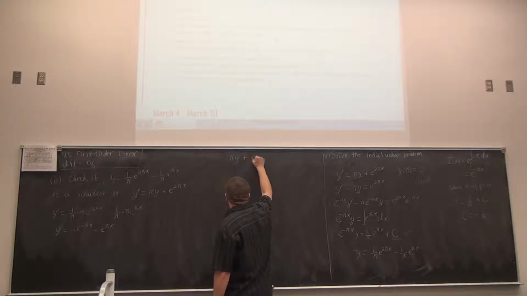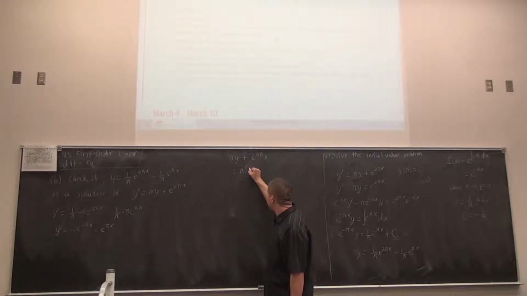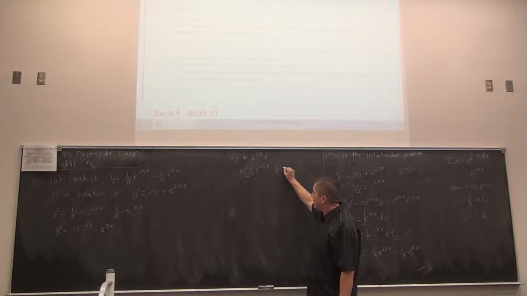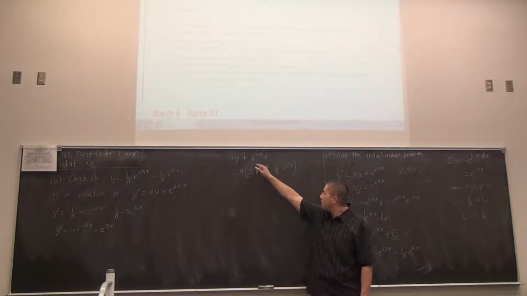plus e to the 2 pi x would become pi times, we have the function y here, so we do a substitution as our next step. So we're taking pi times 1 over pi e to the 2 pi x minus 1 over pi e to the pi x, and there is y in its full glory, plus e to the 2 pi x.